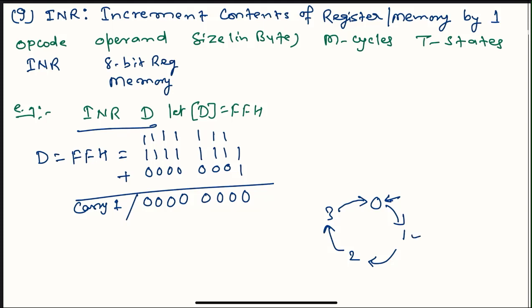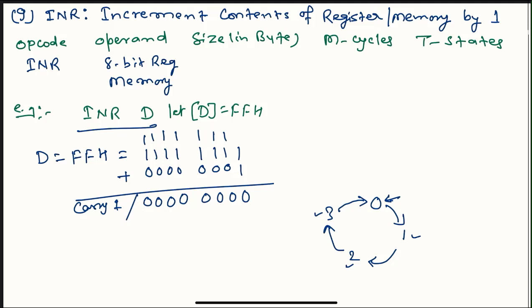From 1, incrementing by 1 goes to 2. If 2 is incremented by 1, it goes to 3. Now if 3 is incremented by 1, there is no way to go to 4 because it is cyclic. So the increment operation works in a cyclic way. After 3, if we increment, we occupy the next place, which is 0.